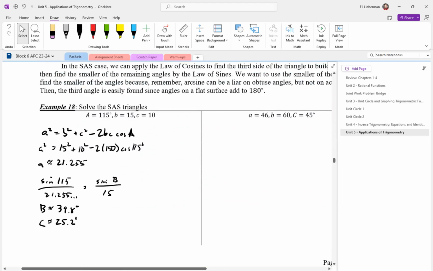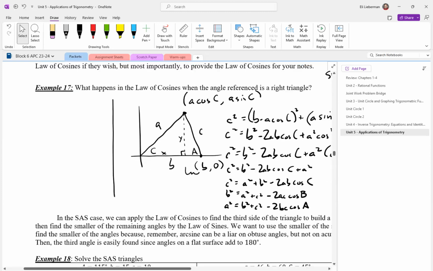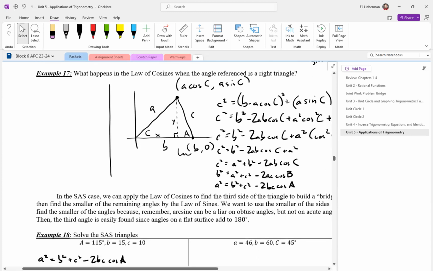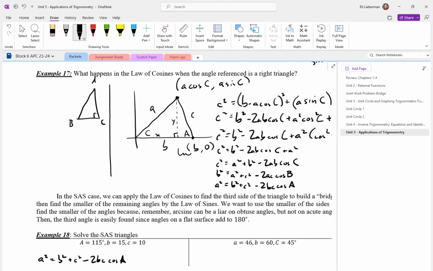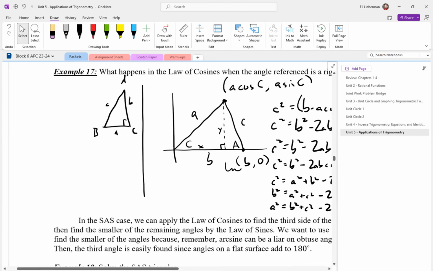Moving on, let's go back to example 17. What happens in the law of cosines when the angle referenced is a right angle? Let's say this is A, B, and C. Would you please write the law of cosines involving angle C here for this right triangle?